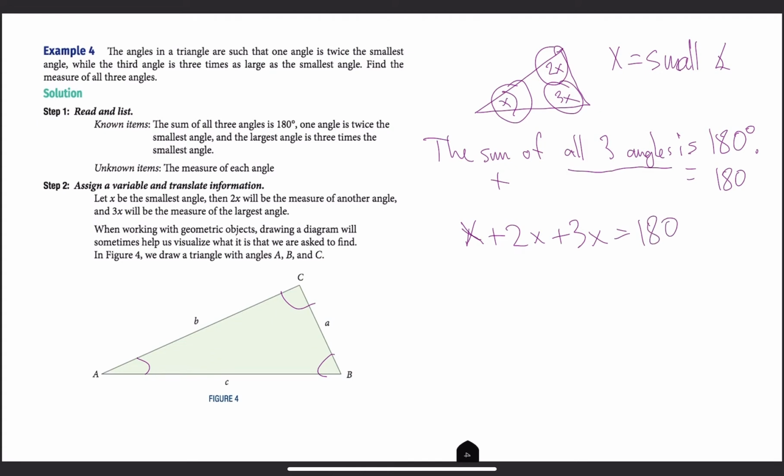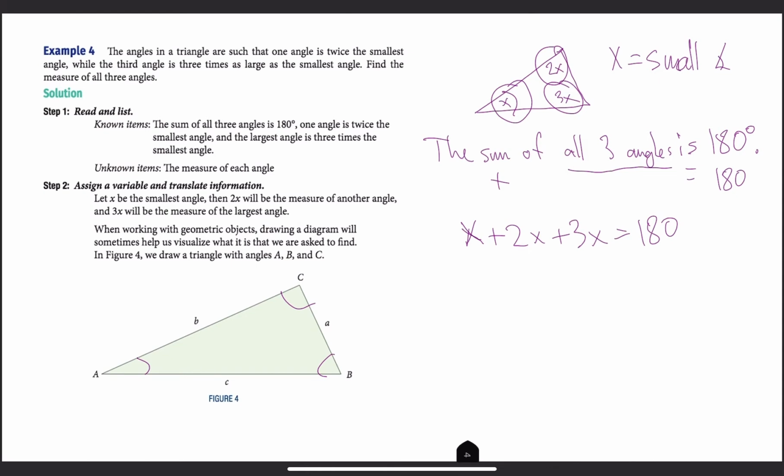Now, what I can do is I can go ahead and simplify, right? I've created an equation from the application problem, the words. Now that I've created this, I'll go ahead and solve it mathematically, and then I'll see if my answer makes sense in the context of the problem.